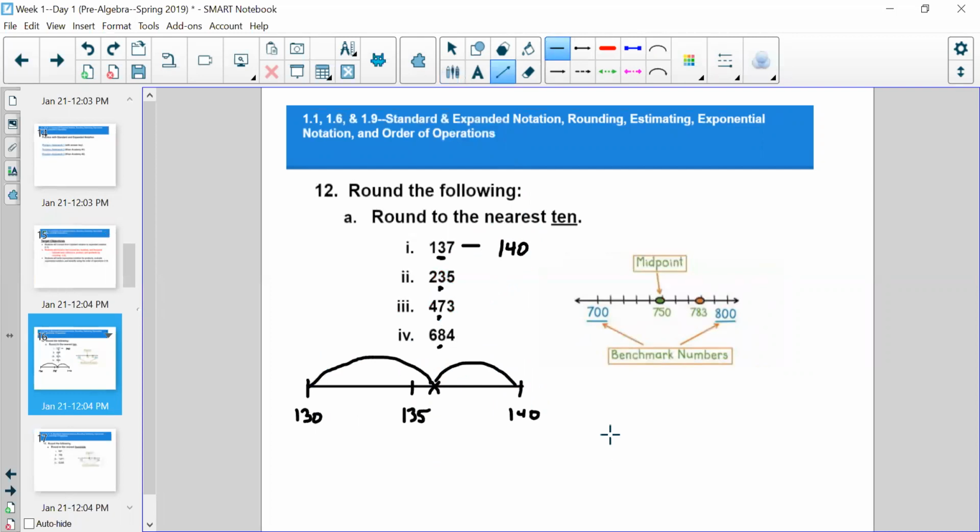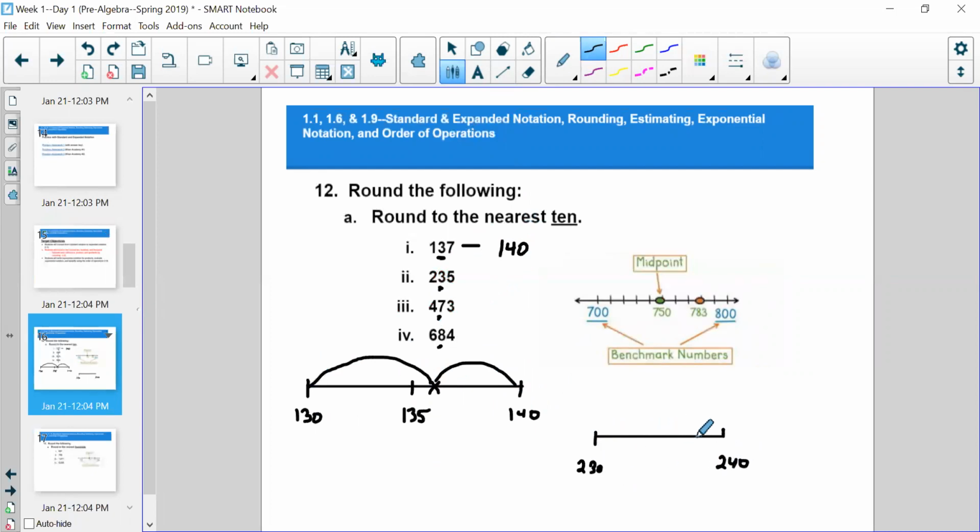235, same idea with your number line. You'll have 230 and 240. And 235 is in the middle. So 235 is actually right there. It's an equal amount away from 230 to 240.